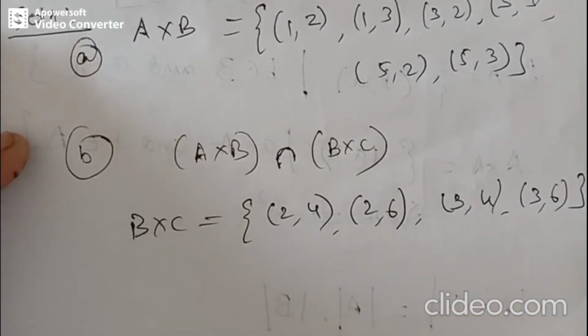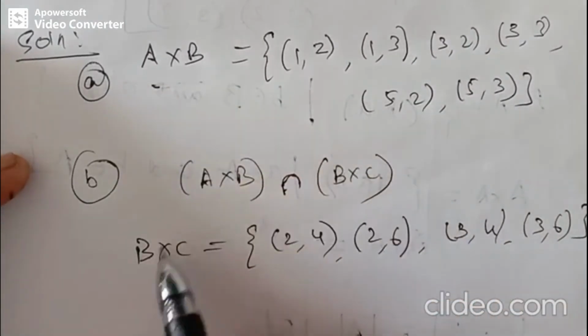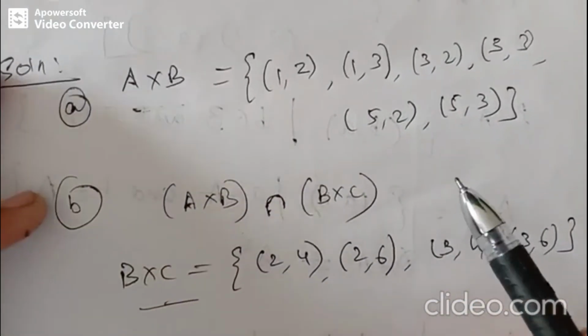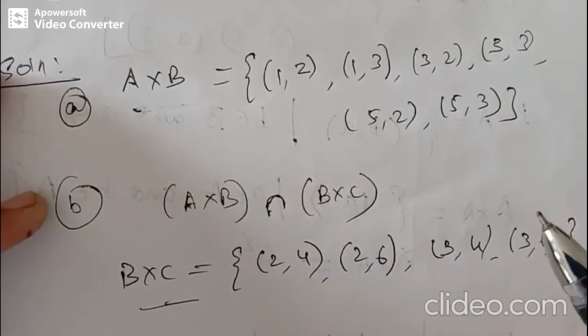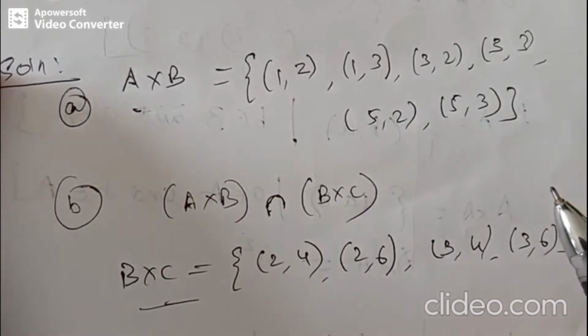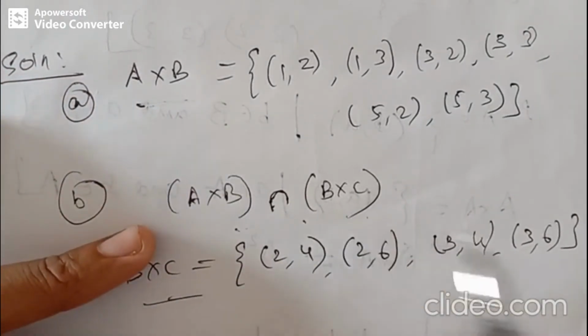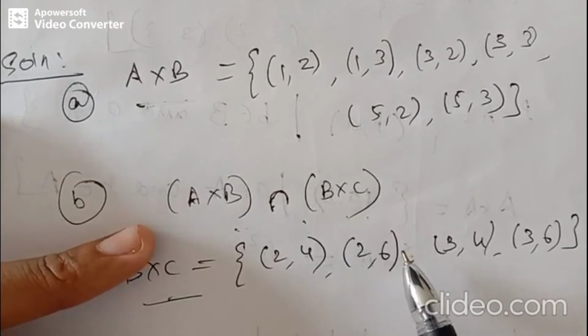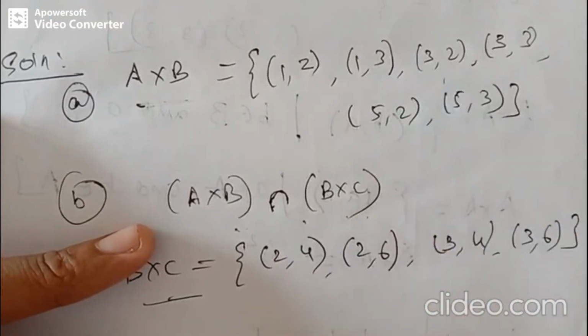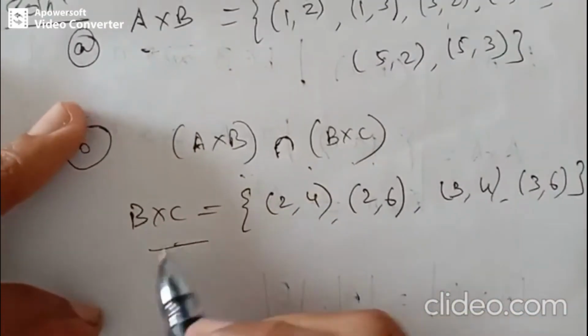Now we have to find the intersection of A cross B and B cross C. Is there any element that is common? See, no elements are common in both the cross products.